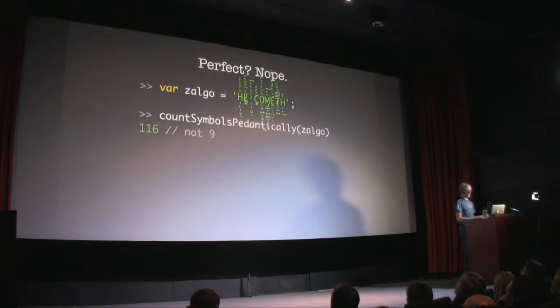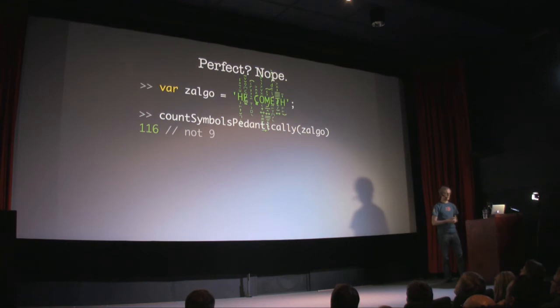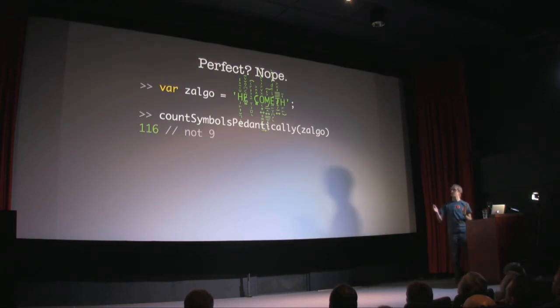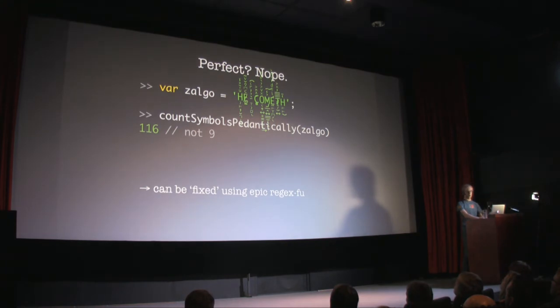Well, I count 9, but even our most pedantic function counts it as 116, and it's easy to see why. So again, if you need to support this kind of thing, it's probably best to write a complex regular expression that removes all these special characters, all these combining marks from the string, and then gets the length just like we did before. But again, we'll talk about regular expressions later.